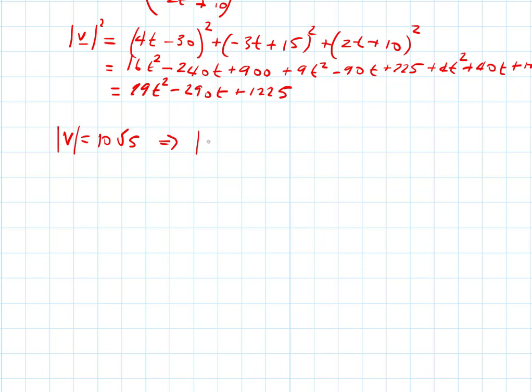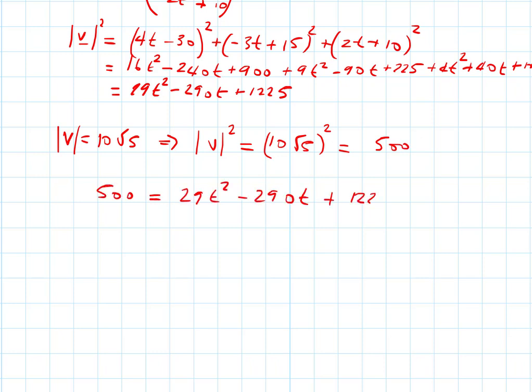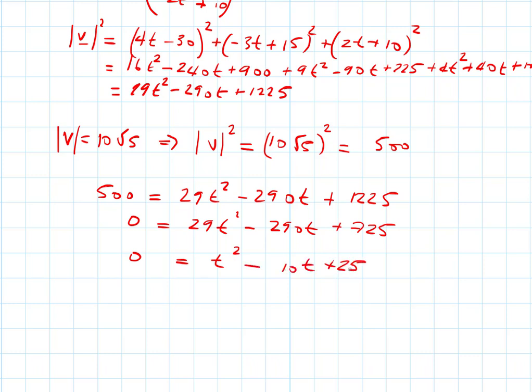We also know what the speed was, so we were told that it was 10 root 5, and squaring that gives us 500. Equating those two things together enables me to end up with a quadratic expression in t. It just happens to divide through by 29 quite nicely, ends up with a nice expression which factorizes very easily, and we find that t equals 5. And this ends the session.